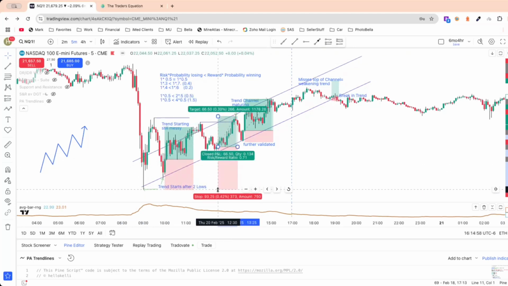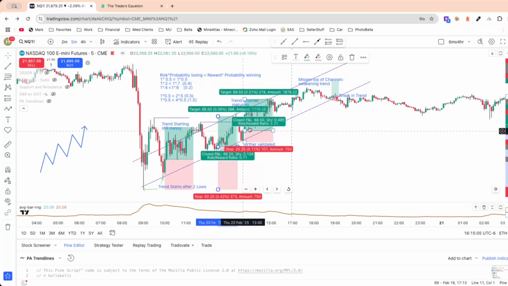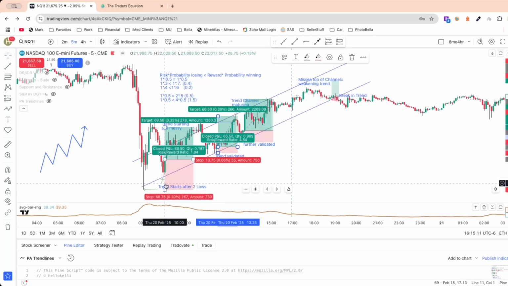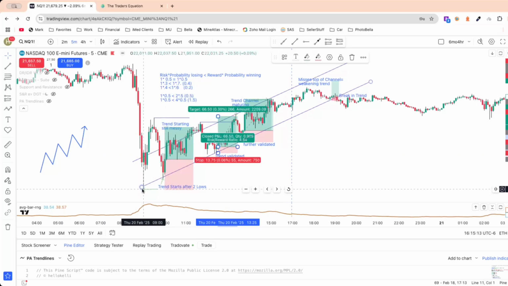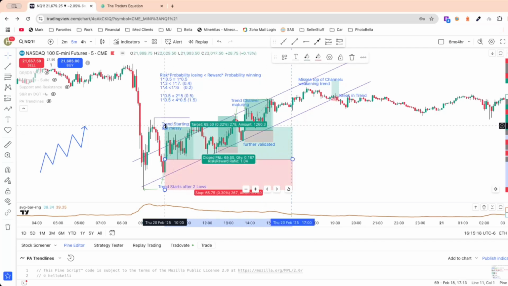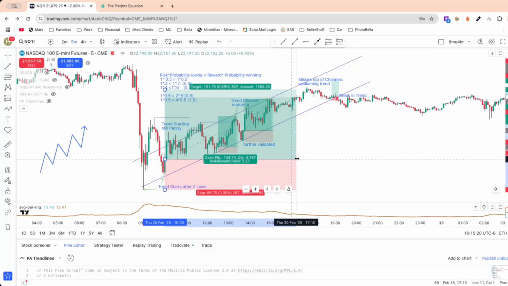In that case you would want to hold on to it and ride the entire trend. For example, if you would want to buy at the very beginning of this trend, you would put your stop loss at the base of the trend right there, and you would want to ride it out until the trend is basically done.